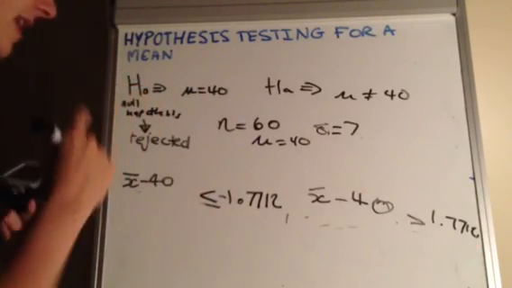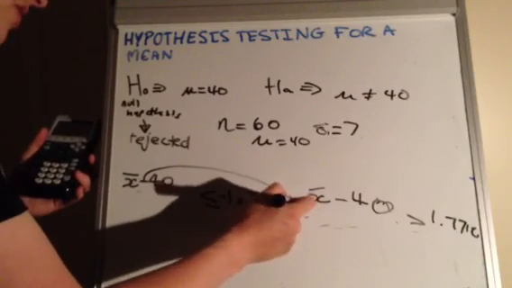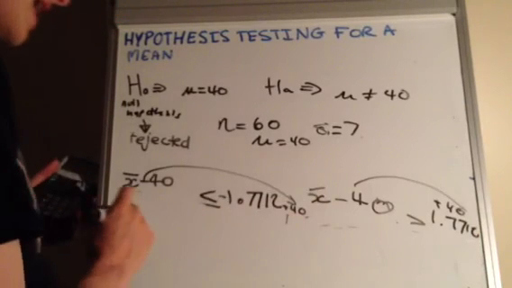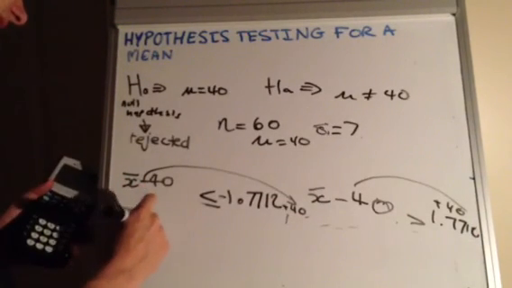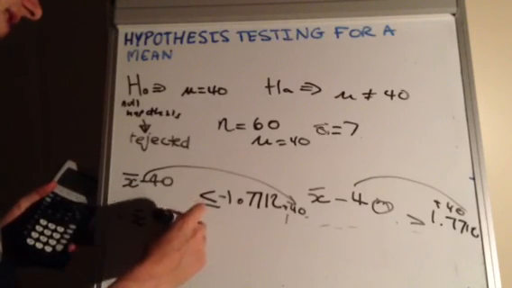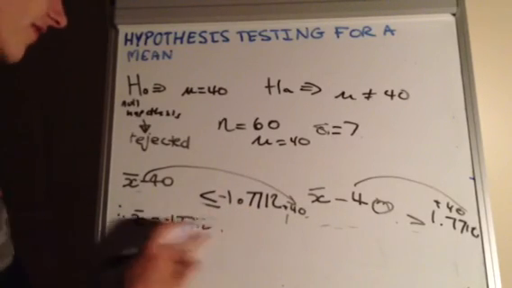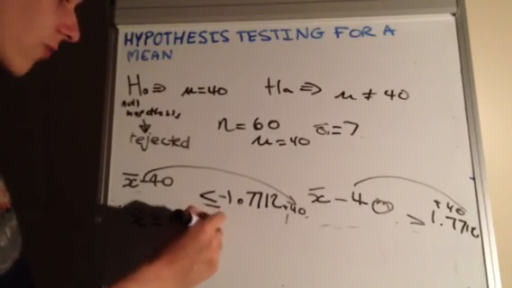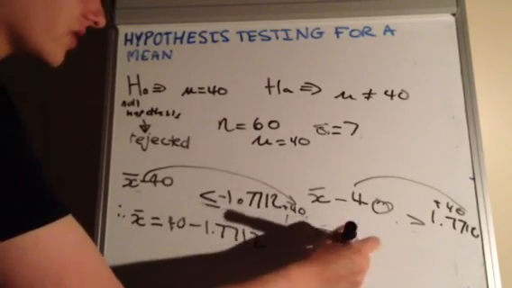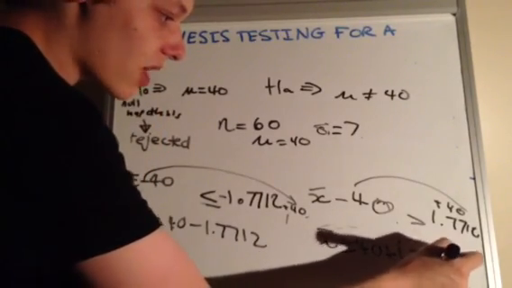And then we simply bring the 40 to the other side, so this is going to go over there and it's going to be plus 40, and this is going to go over there and it's going to be plus 40, and then as a result x bar is going to be equal to negative 1.7712 plus 40, which can also be rewritten as 40 take 1.7712, and then on this side x bar is going to be equal to 40 plus 1.7712.